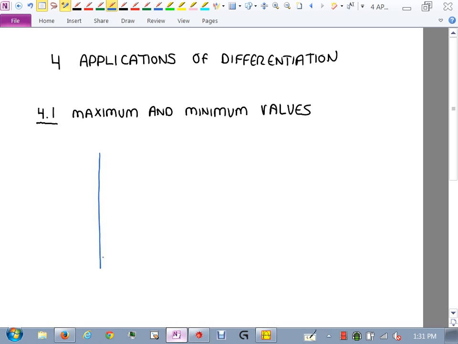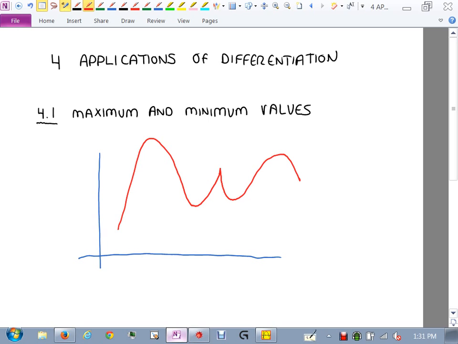If I were to draw an x and a y axis like this, and I were to draw a curve that maybe does this, and oh, there's my curve.